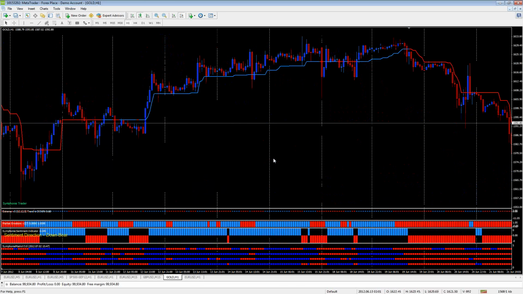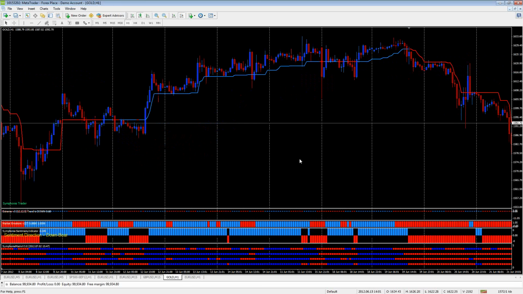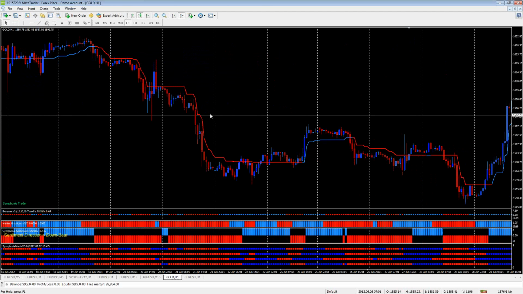So be careful with these choppy or violent instruments. They may be very dangerous, especially for those of you who keep close stop losses.